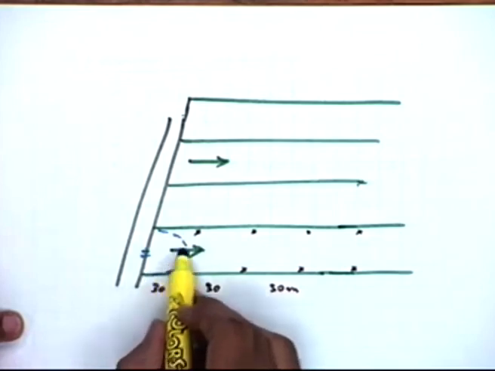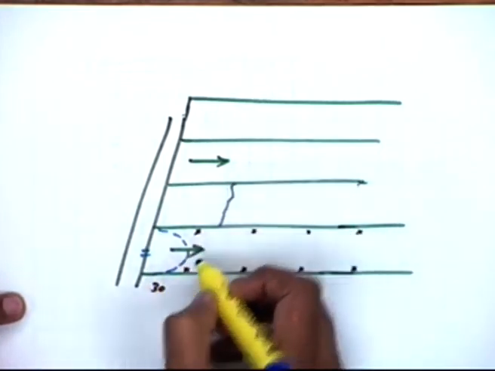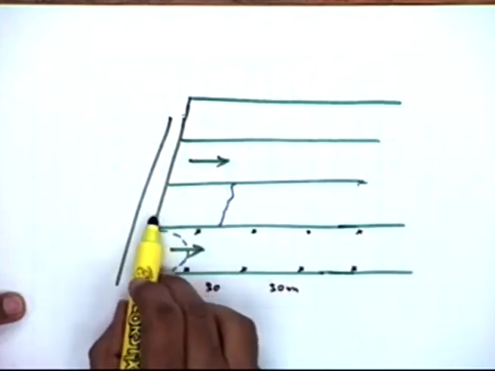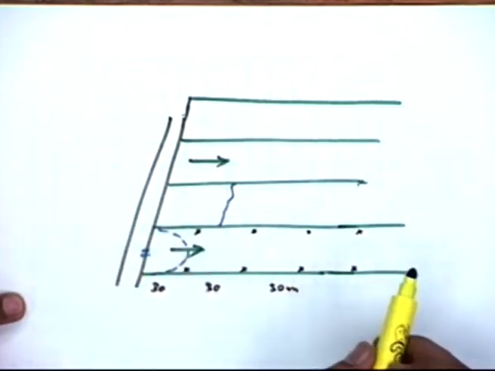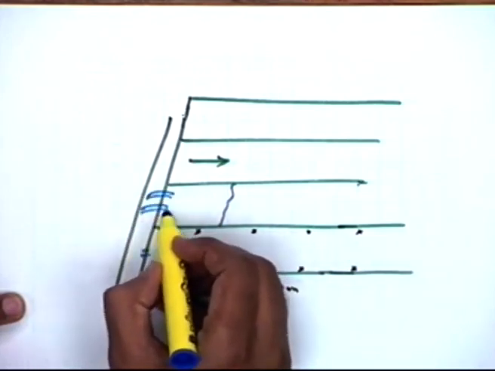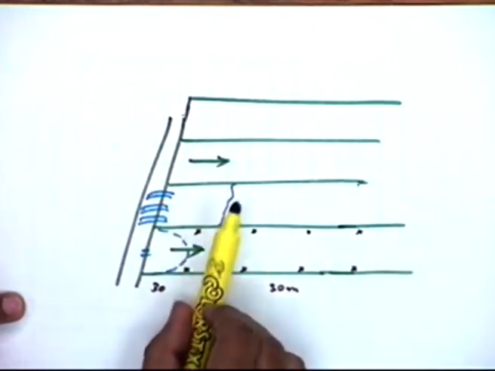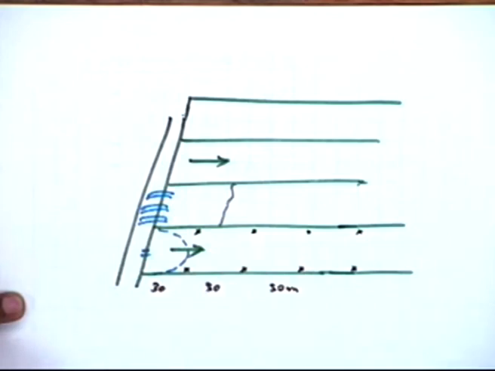So there will be some delay, and your intention is to have the waterfront which is somewhat parallel to this edge of the field. So for that you can use a series of the siphon pipes which will ensure this type of waterfront.